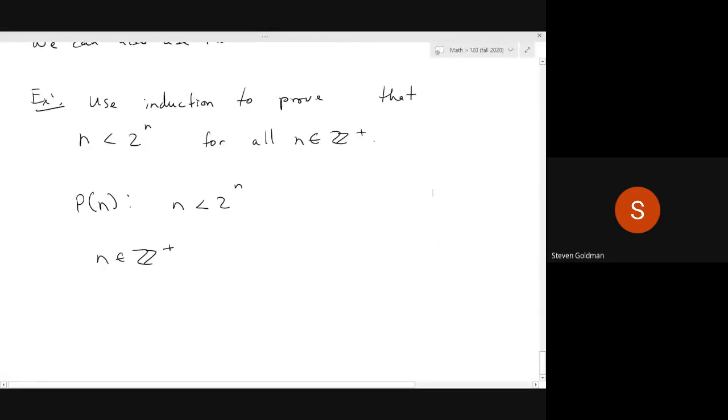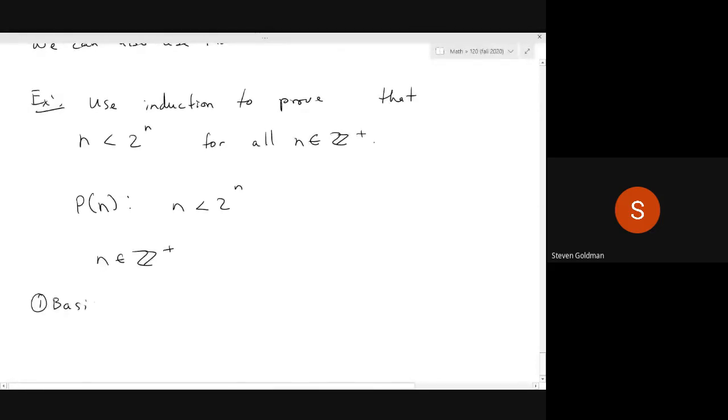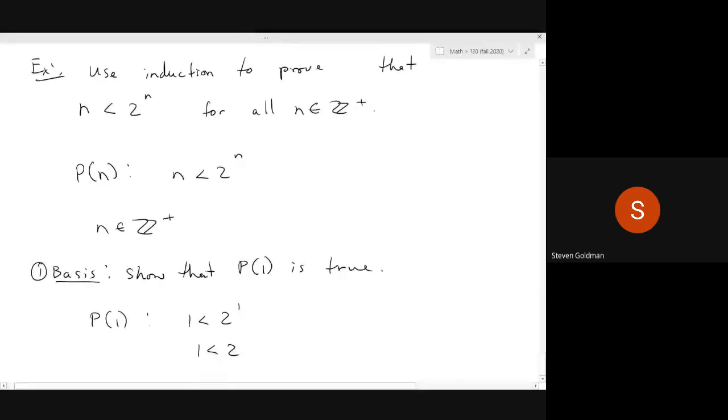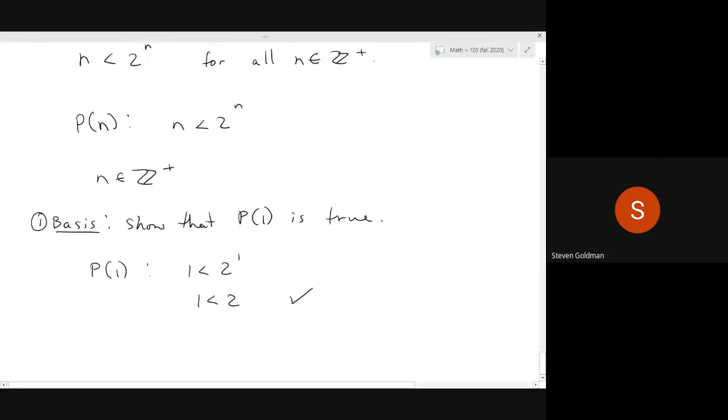So in our basis step, we prove P of 1 is true. If I plug in 1 for n, I get 1 is less than 2 to the power of 1, which is the statement 1 is less than 2, which is true. So P of 1 is true.